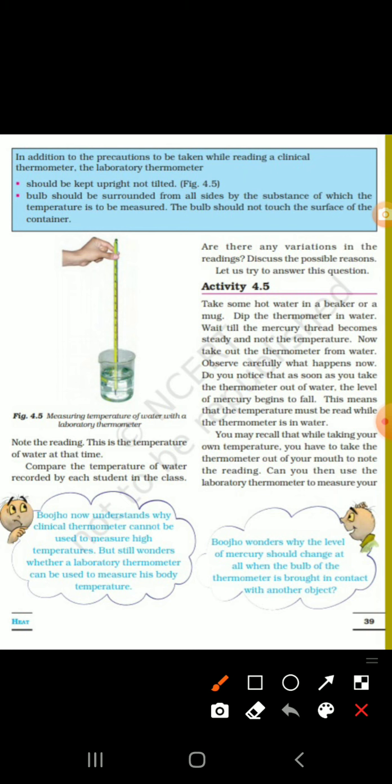In a laboratory thermometer, the temperature falls quickly while you put the thermometer outside the container.